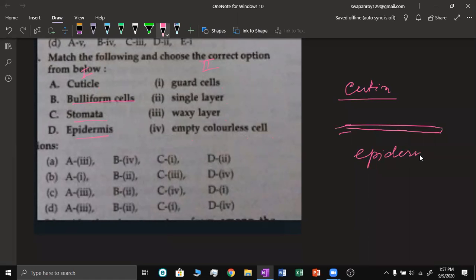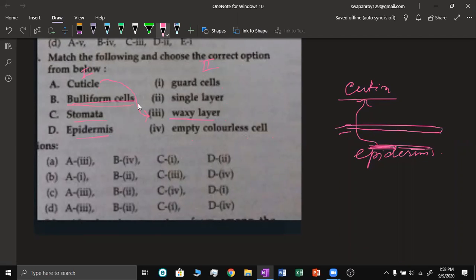Epidermis is covered by a layer, this is the cutin layer, and this cutin is the waxy layer. So cuticle will match with this.